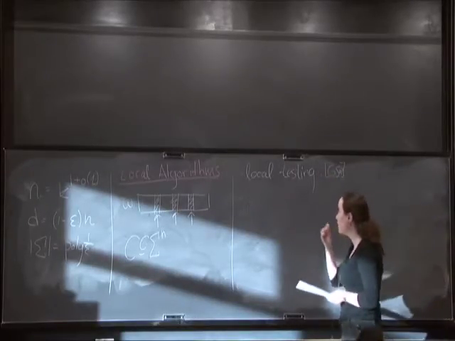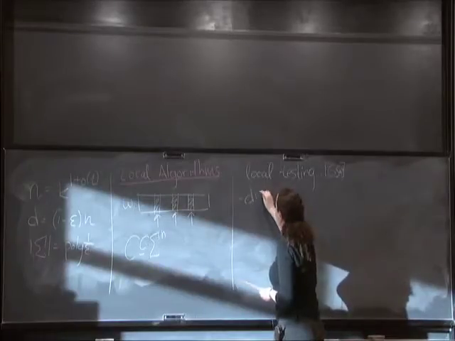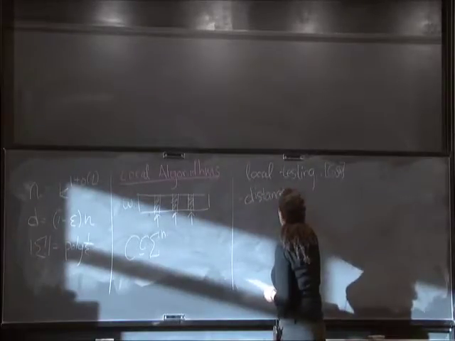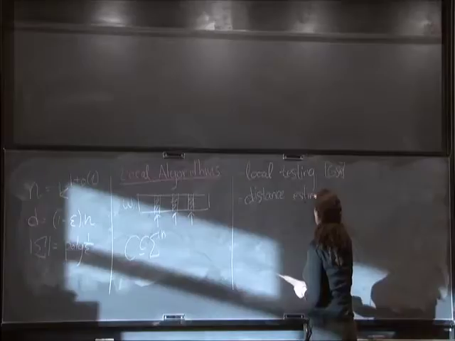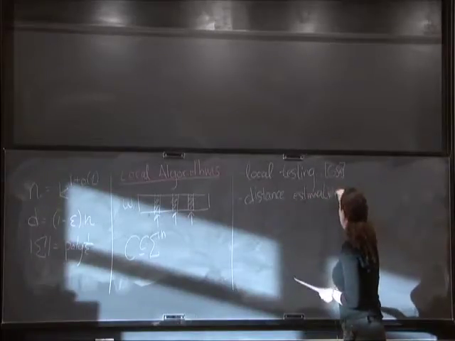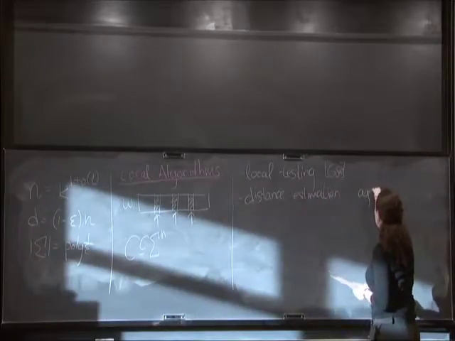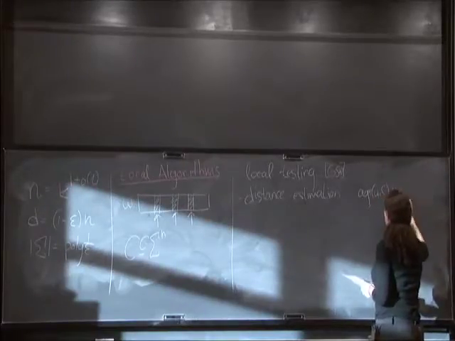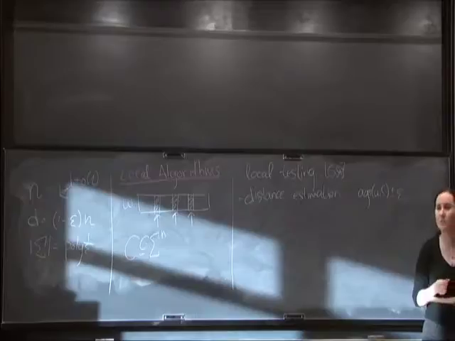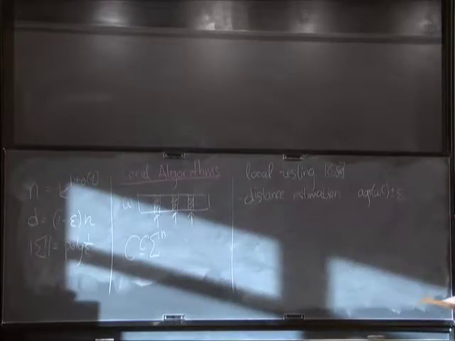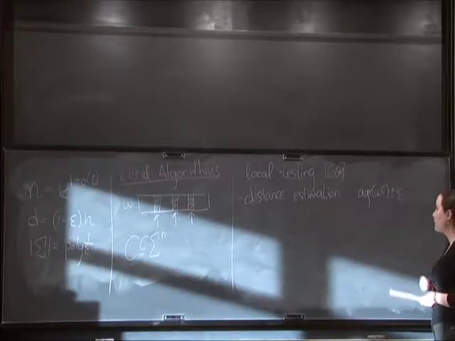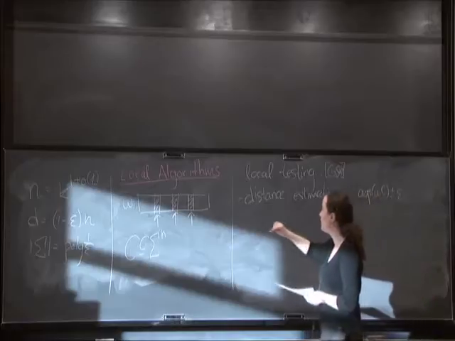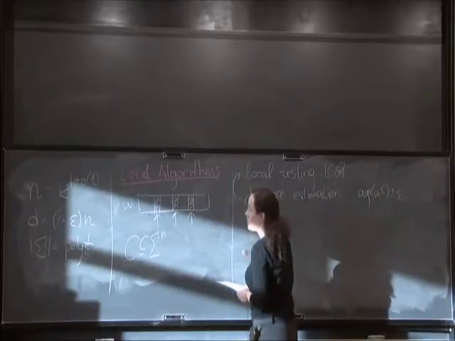Here, another thing is distance estimation. Well, you want to have the agreement of W from the code up to an additive epsilon. So this is some small parameter. Okay, it's clear. So this is obviously a generalization of local testing.